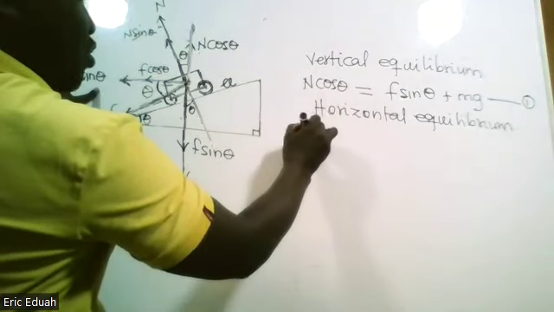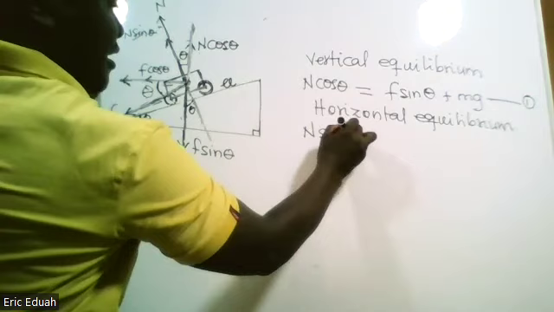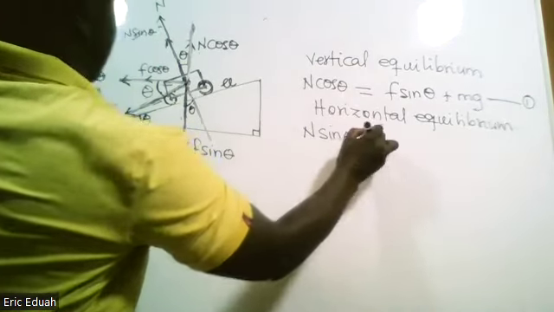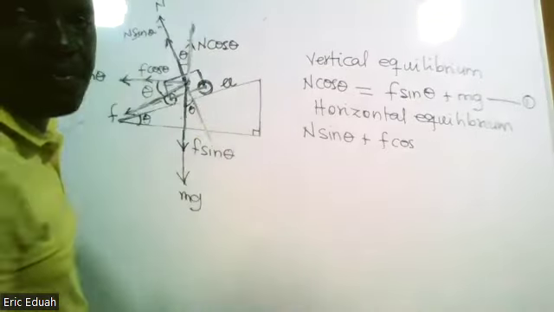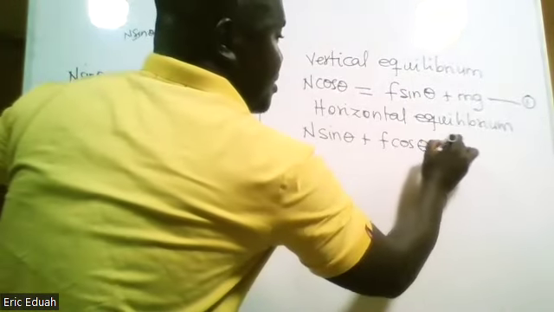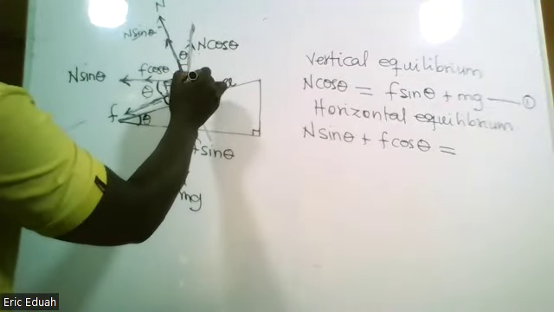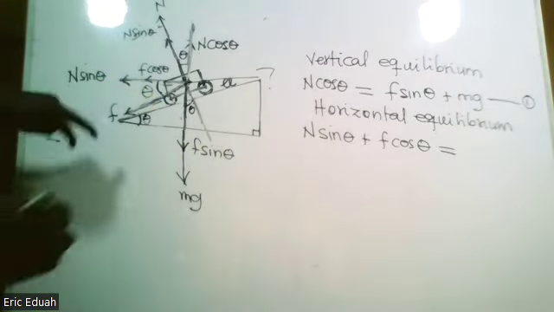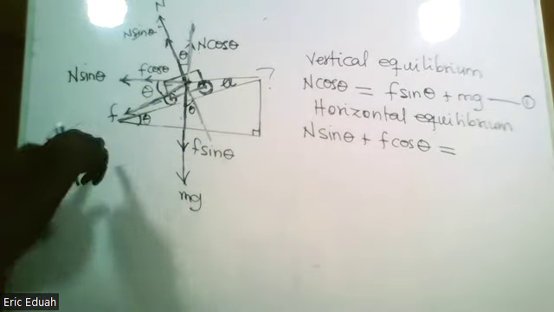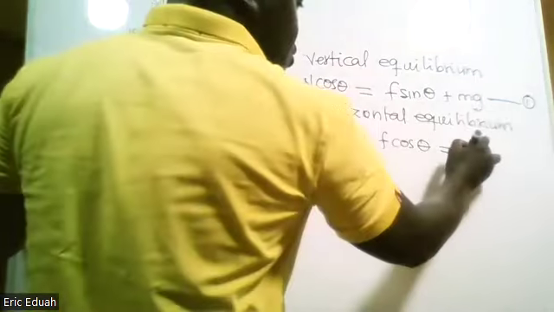We have N sin theta plus F cos theta being unbalanced. There is no balancer at the other end. And so, because their direction is towards the center of the road, we equate this to mv squared over r.